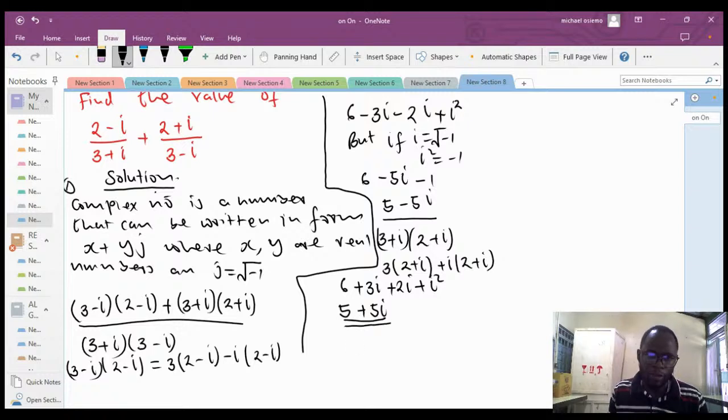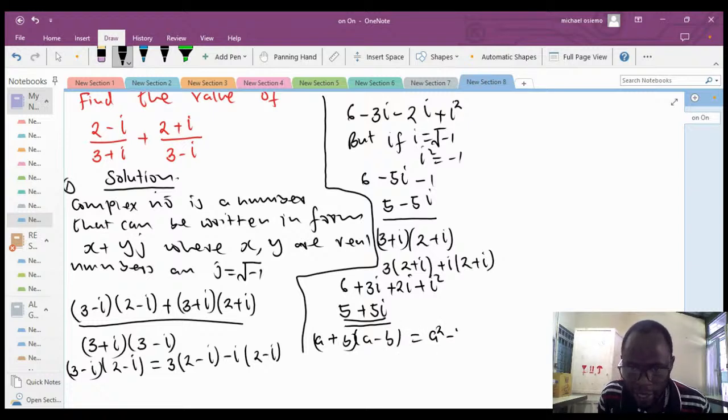Then you have the denominator. When you have (a plus b) multiplied by (a minus b), we know this is the difference of two squares, a squared minus b squared. And so this implies (3 plus i) multiplied by (3 minus i) is equal to 9 minus i squared.